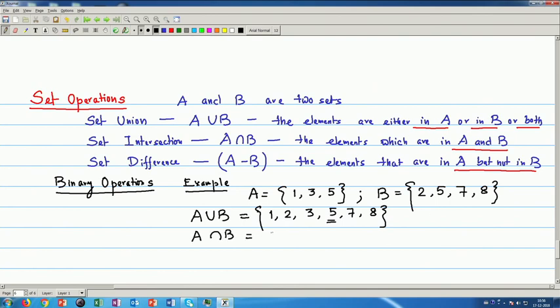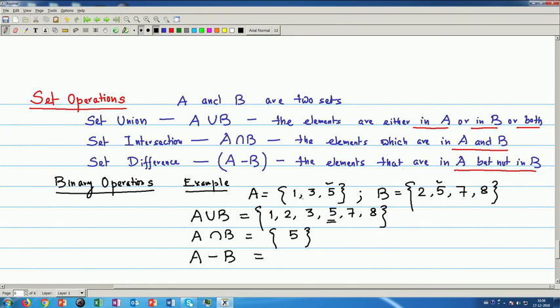What is A intersection B? A intersection B is only 5, because the only element which is in both A and B is 5. What is the difference A minus B, which are in A, but not in B?